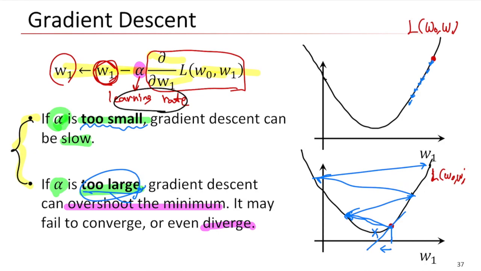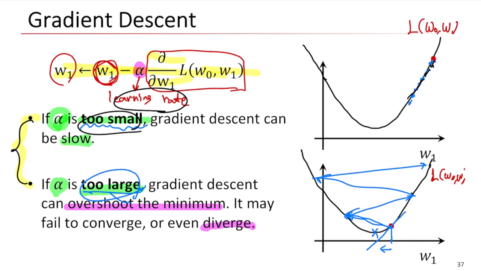So if we choose alpha as a very small number, gradient descent can be very slow, looks like this, right? But if alpha is too large, gradient descent can overshoot the minimum, looks like this.